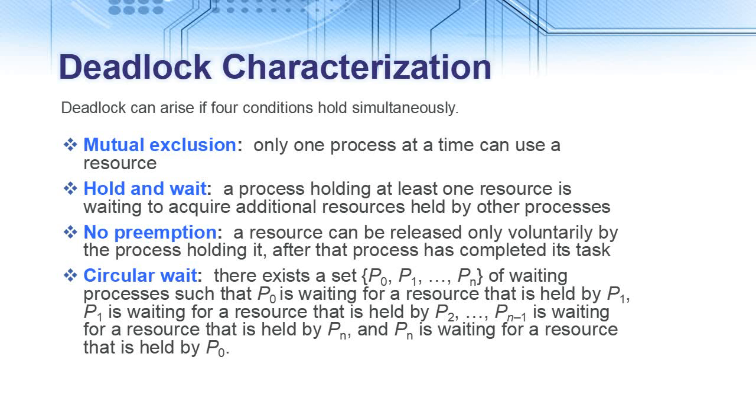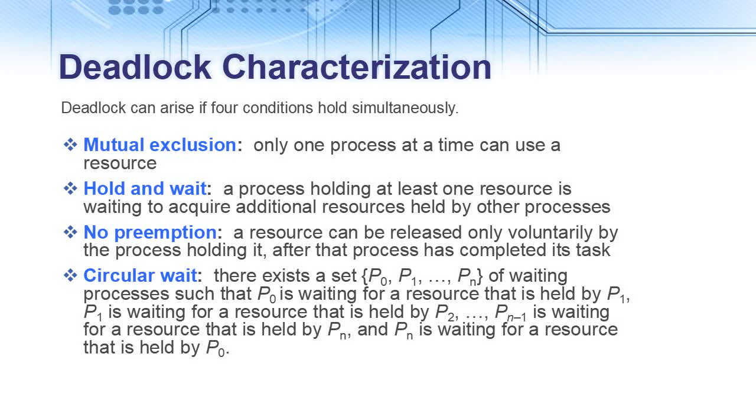Next, hold and wait: a process holding at least one resource is waiting to acquire additional resources held by other processes. Next is no preemption: a resource can be released only voluntarily by the process holding it, after that process has completed its task.